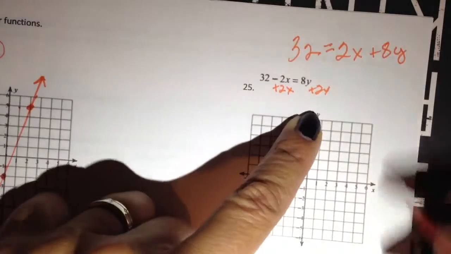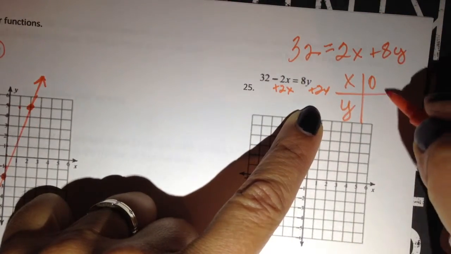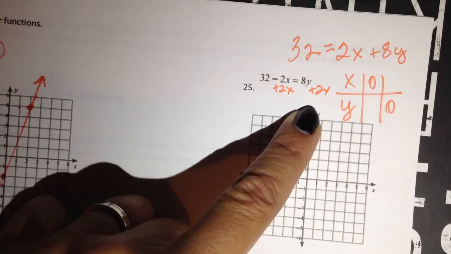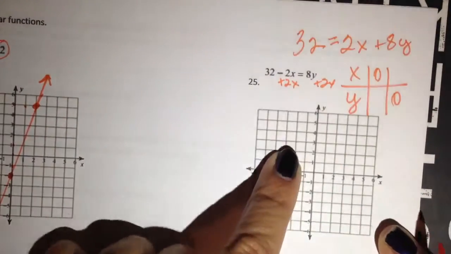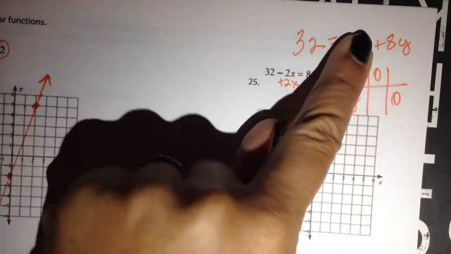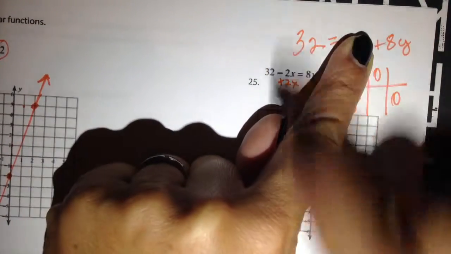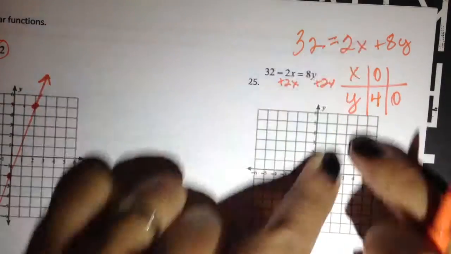The reason I'm doing this is because this is in standard form, and I'm going to figure out real quickly what my x and y intercepts are. That could let me put this on a graph without making any kind of table or solving for y. If I put in 0 for x, I'm going to have 2 times 0, which is 0, so 8 times something is 32. I know that to be 4. When I put in 0 for x, y is 4.